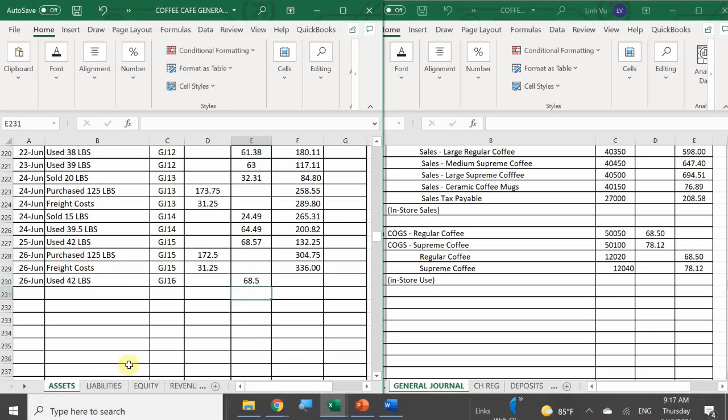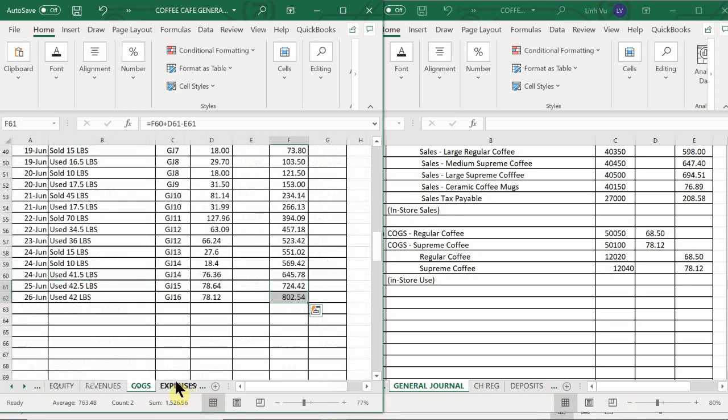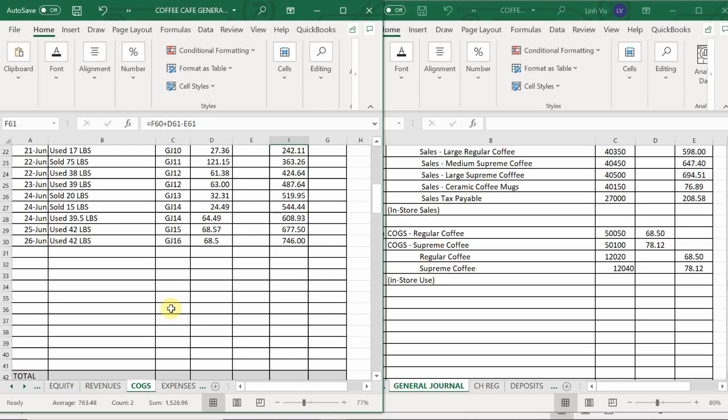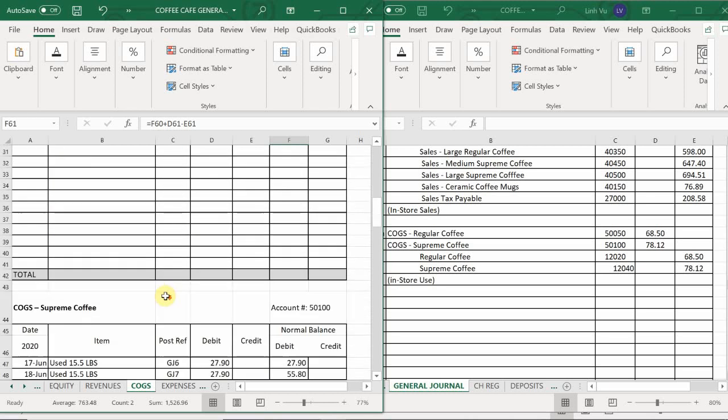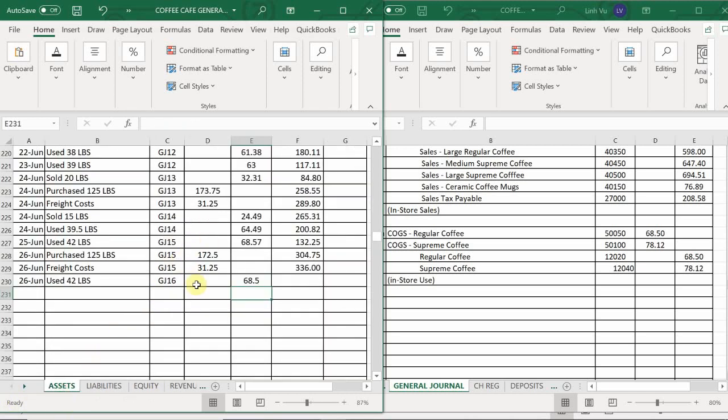That's how much we used. Okay, so 68.50. So what should my account balance be in my regular coffee? I got 267.50, which is exactly what we solved in our inventory worksheet.